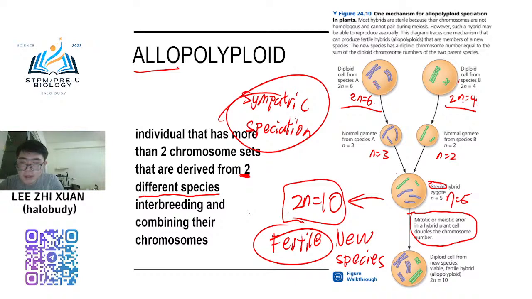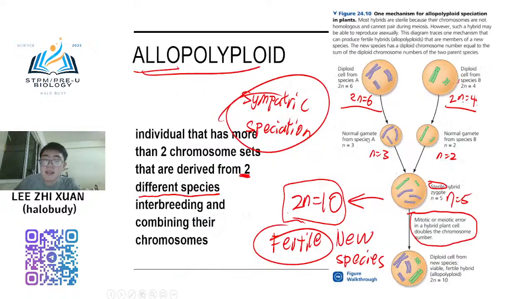So what is that? Please recap again your chapter 16. This is the process of sympatric speciation. It is also one type of mutation that occurs in allopolyploids. The most important difference between these two is that one involves only one species, while the other involves two species and will finally form a different species.